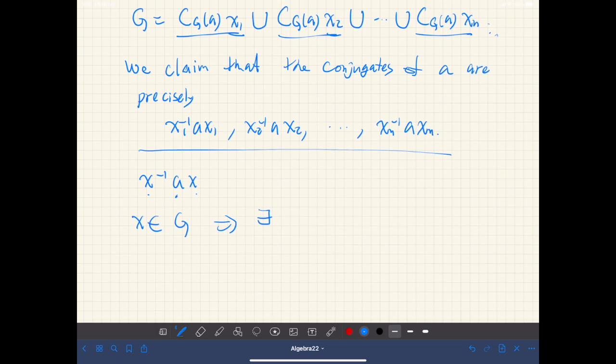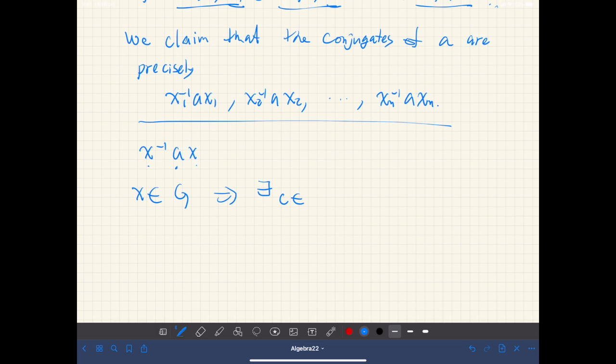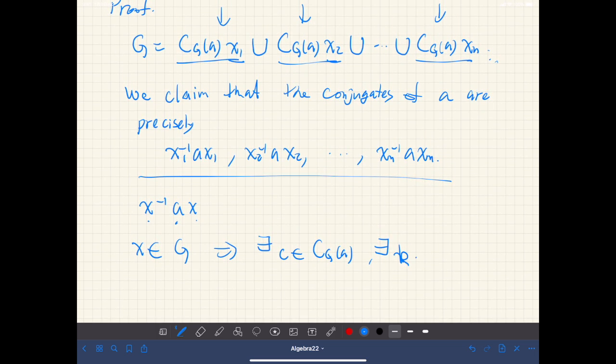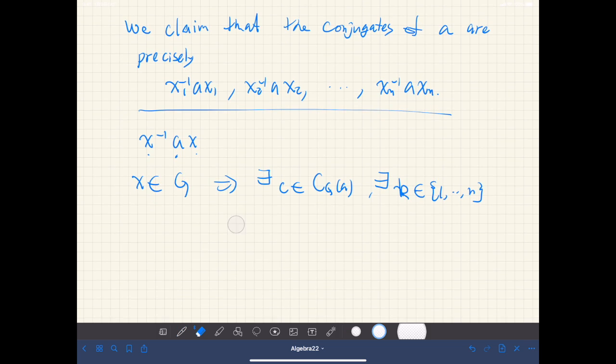So there exists some element c in the centralizer of A, and also some index k from 1 to n, such that x is equal to c times xk.